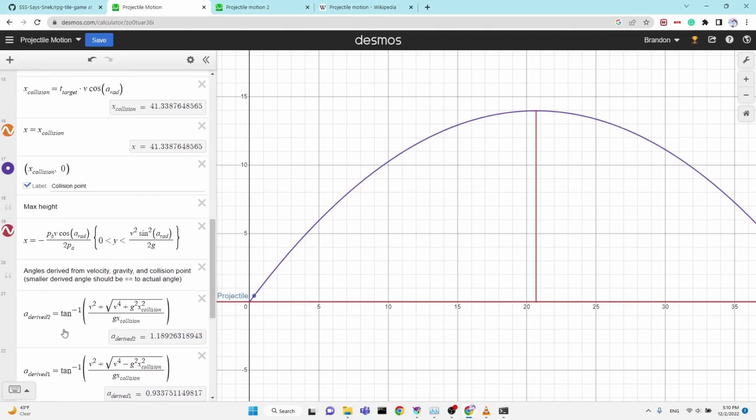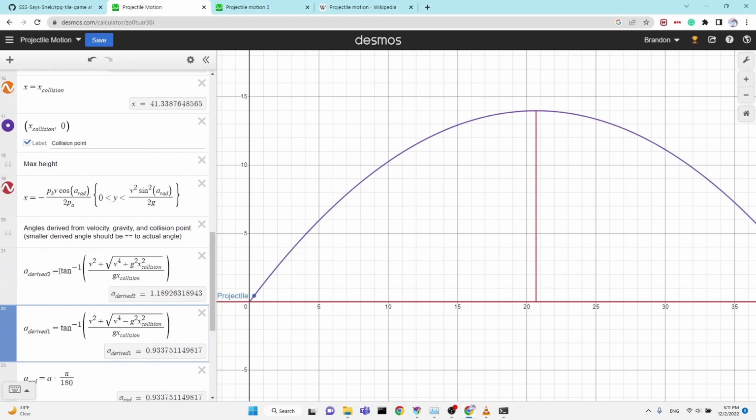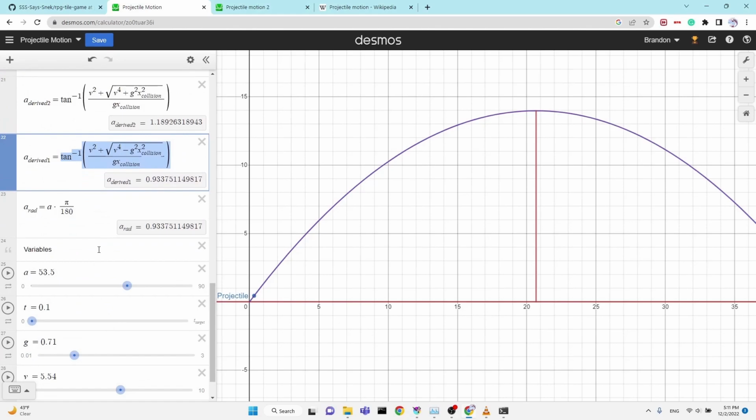And inside here you'll see we do have the formula, v squared plus and so on. We have the formula that's used to calculate the angle.